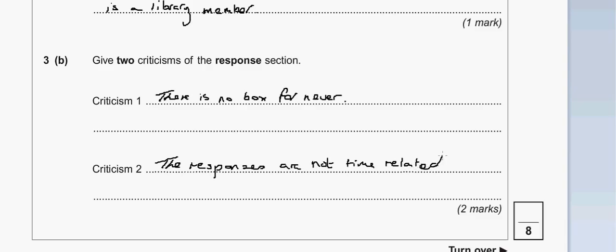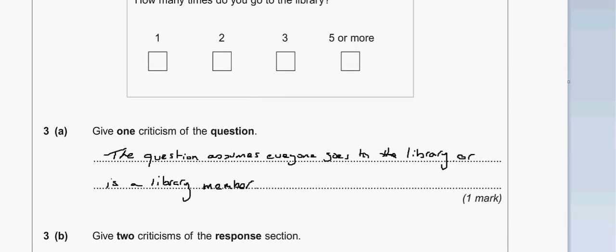Okay, or you can say the first box doesn't say whether it's once a day, once a week, once a year. You can just write that. Okay, they're not looking for some very high mathematical theorem here. They just want written in English what is wrong.